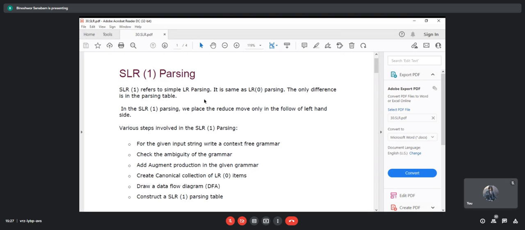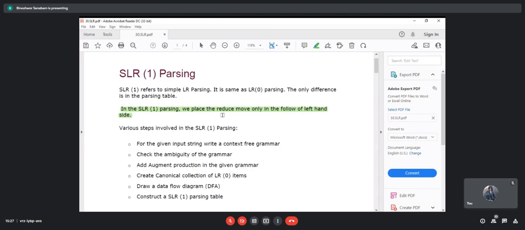So the concept is similar, only the difference is the making of the parsing table. Here we place the reduce move only in the follow of the left hand side. So the main difference between SLR1 and LR0 parsing is that in SLR1 we're going to put the reduce only on the follow of the left hand side variable.